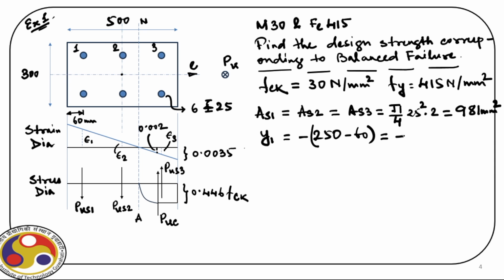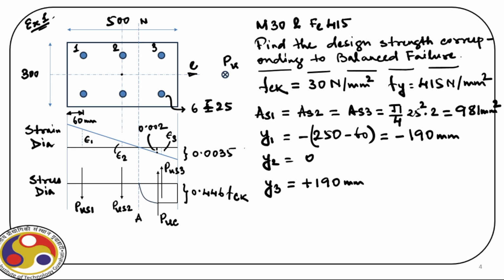So this is minus 190 millimeter. Y2 is 0 because it is exactly on the centroidal axis, and then Y3 is equal to plus 190 millimeter. So with that background, let us start the design, right?